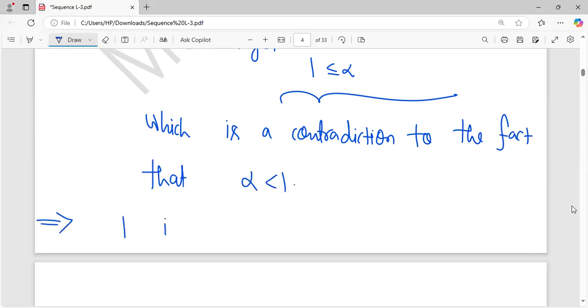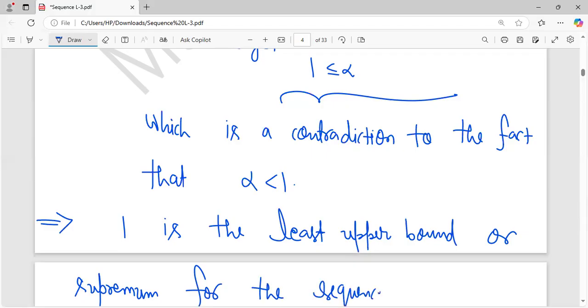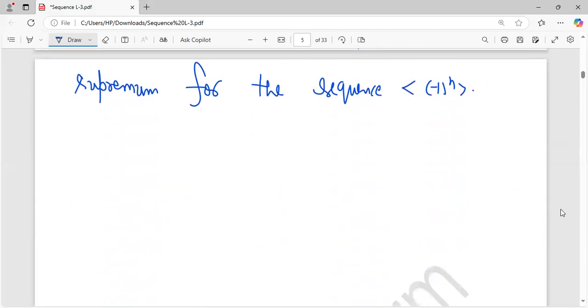So this implies 1 is the least upper bound, or supremum, for the sequence 1 upon n.